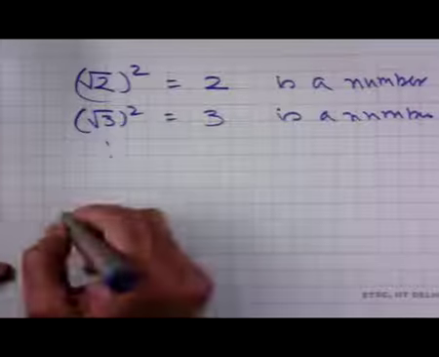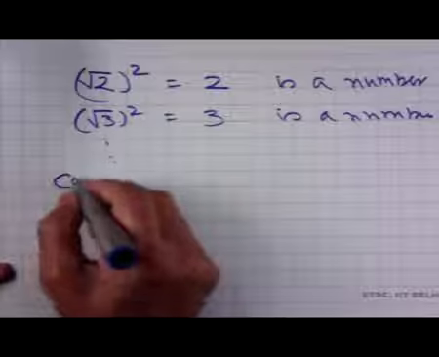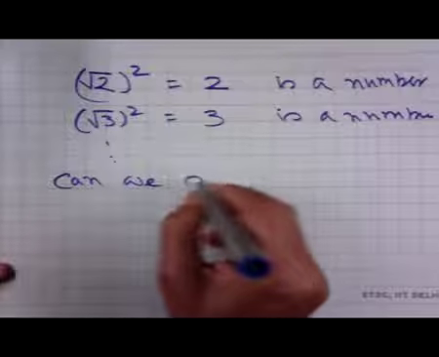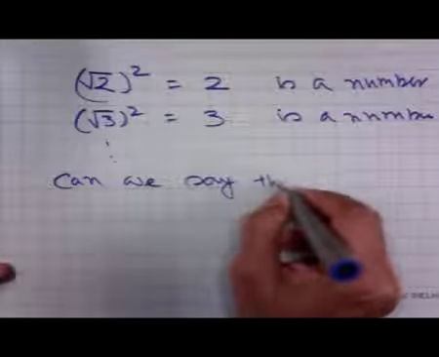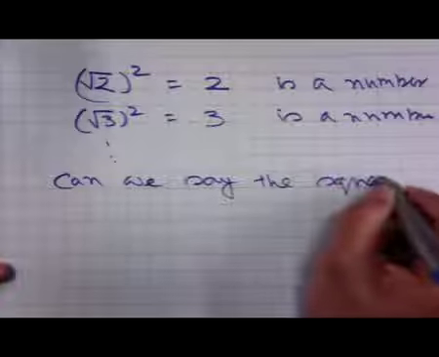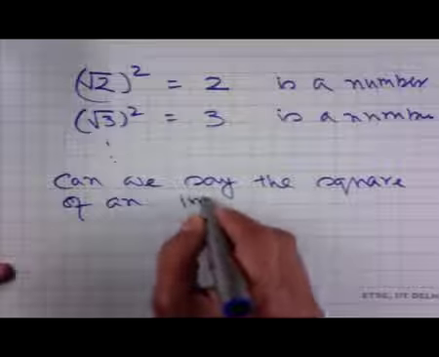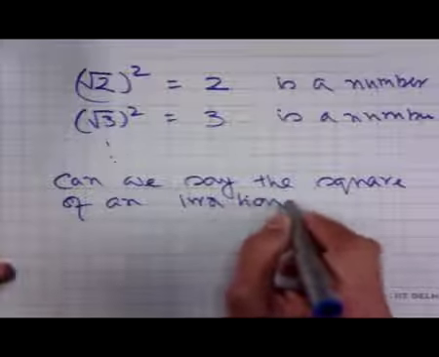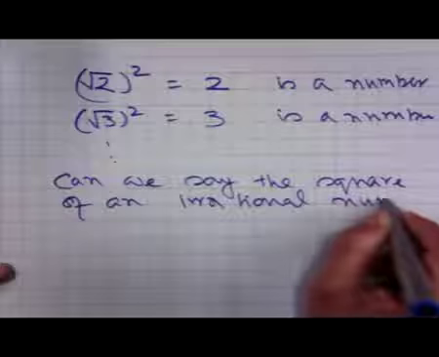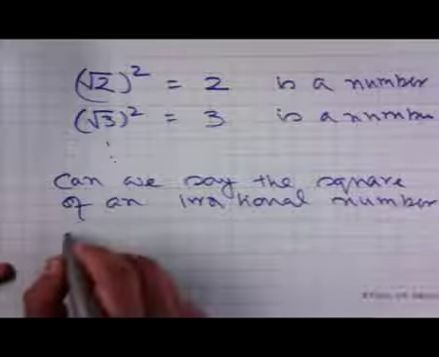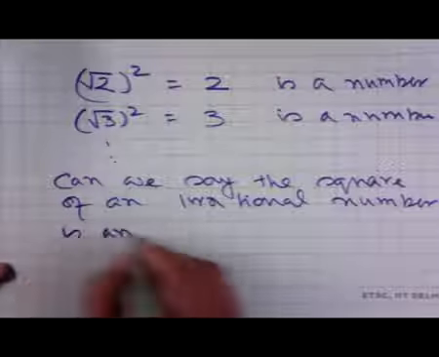Therefore, can we say the square of an irrational number is an integer?